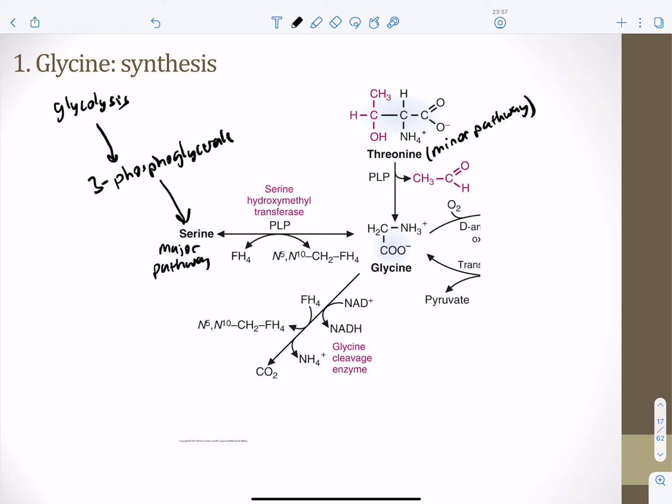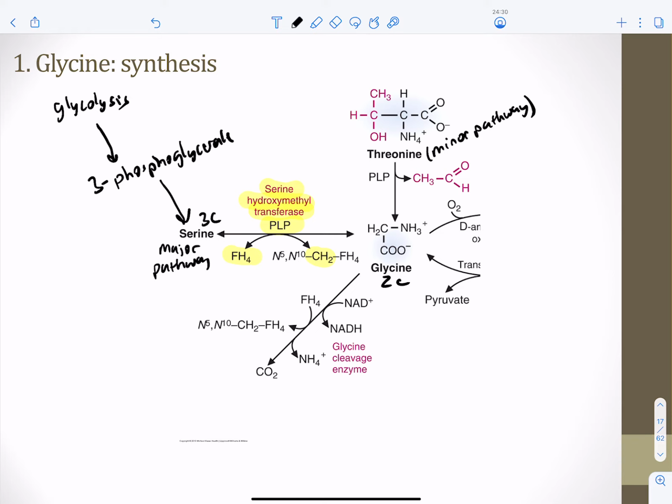Your serine will then be able to form glycine through serine hydroxymethyltransferase, which requires pyridoxal phosphate again. In this case, your tetrahydrofolate is picking up a carbon from serine. Serine is a 3-carbon, and glycine is a 2-carbon, right? So for serine to glycine, you remove a carbon and transfer it to tetrahydrofolate to form N5,N10-methylene tetrahydrofolate.